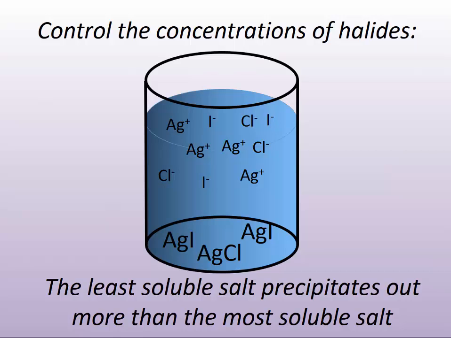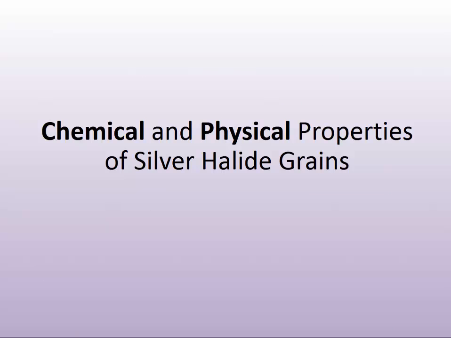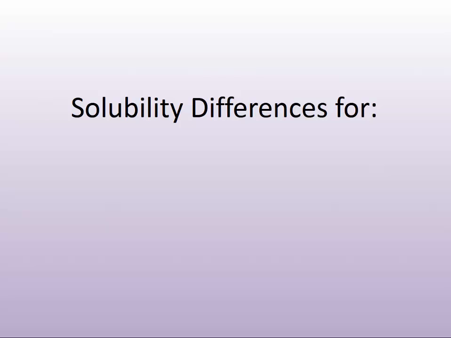Now that we know how silver halides are formed, we can now begin to explore the different chemical and physical properties that each of the silver halide grains possess. We've already discussed the solubility differences between, for example, silver chloride and silver iodide, and there are substantial differences in the grain solubility.